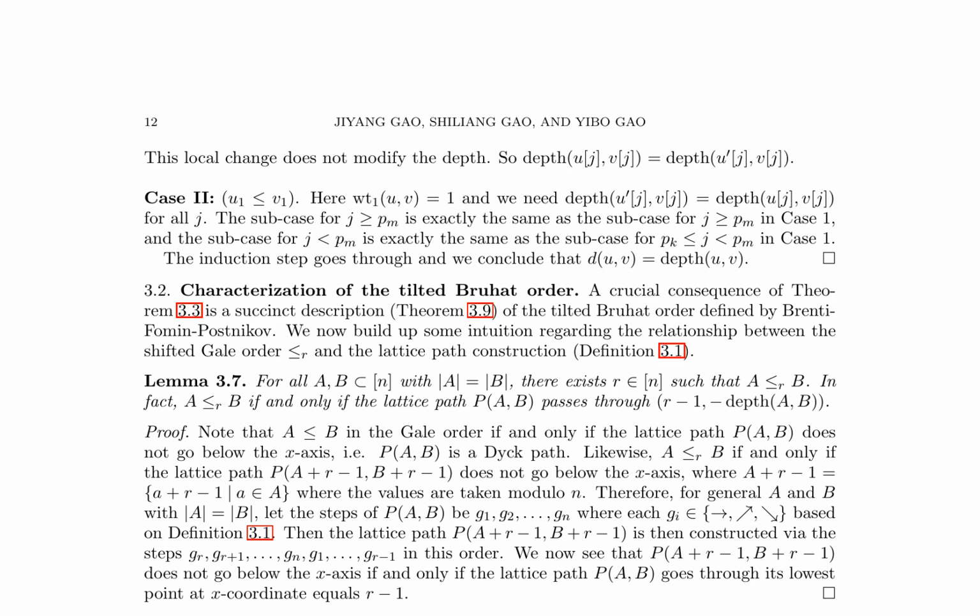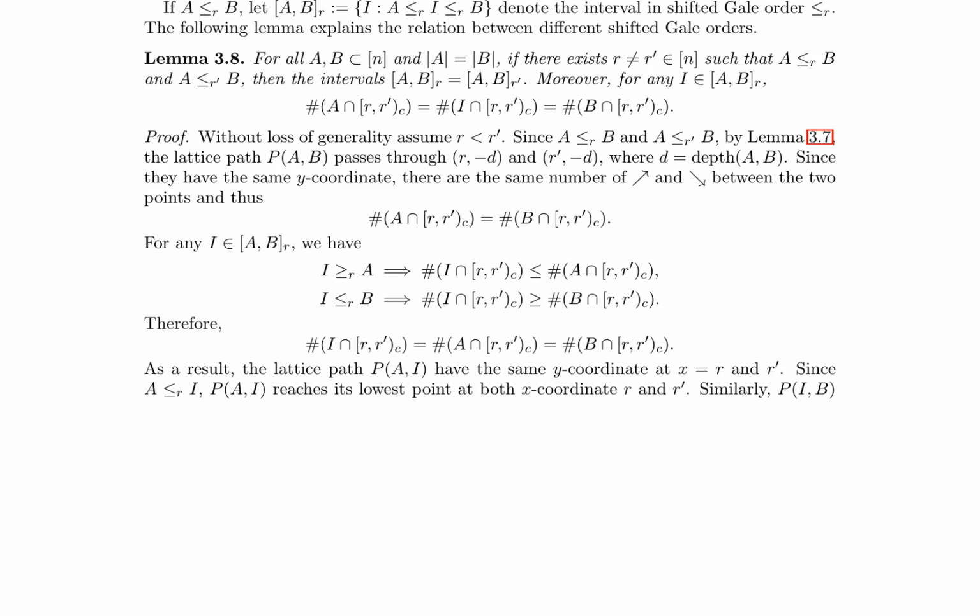Furthermore, for any I in [A,B]_r, the authors show that the cardinality of A intersect [r] complement equals that of I intersect [r] complement, which equals that of B intersect [r] complement, where the vertical bars denote the cardinality of a set.